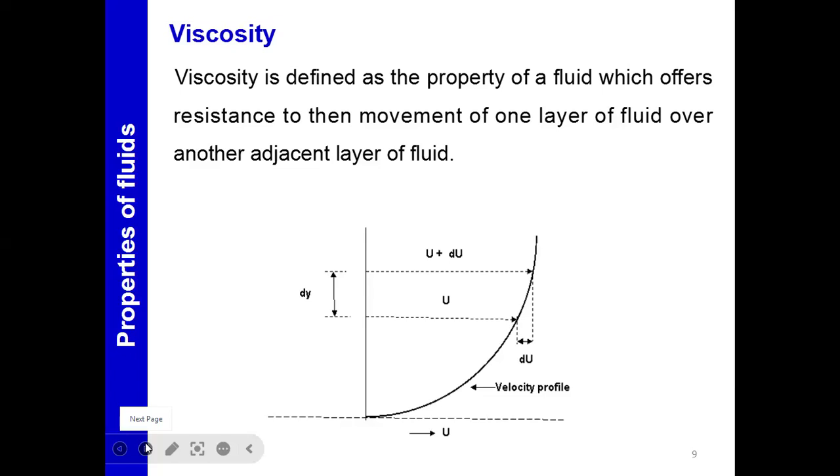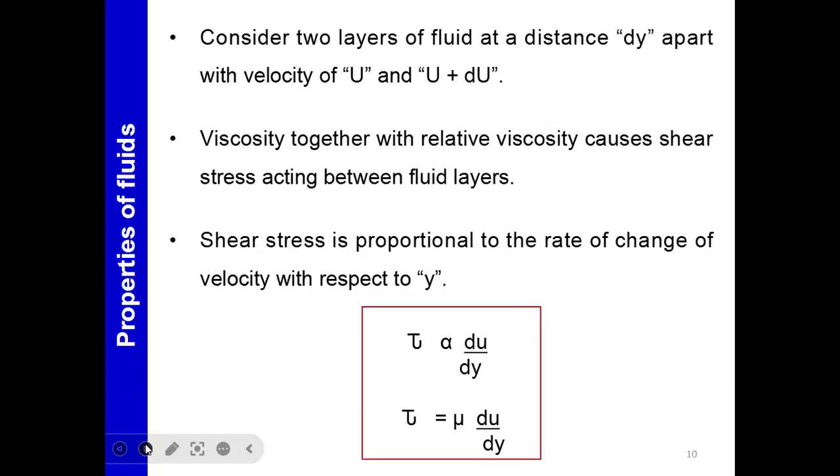Consider two layers of fluid a distance dy apart, with velocities u and u plus du. The relative motion causes shear stress acting between fluid layers. Shear stress is proportional to the rate of change of velocity with respect to y. So this is the formula for viscosity.